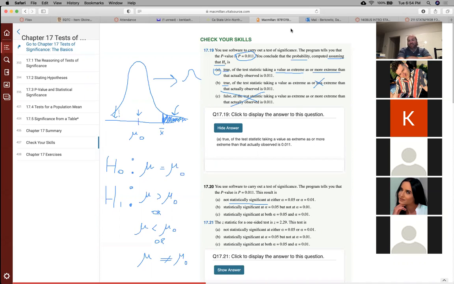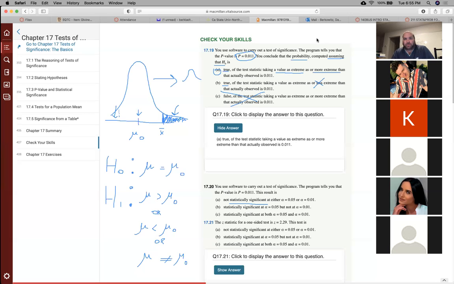Statistically significant essentially means the p-value is less than alpha. So if the p-value is 0.011, it is less than 0.05, statistically significant, but it is not less than 0.01, not statistically significant. Let's now try number 21.